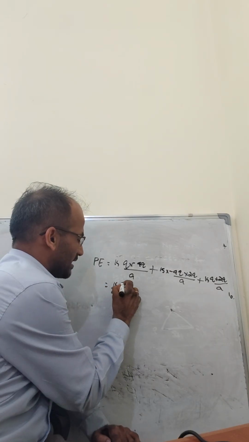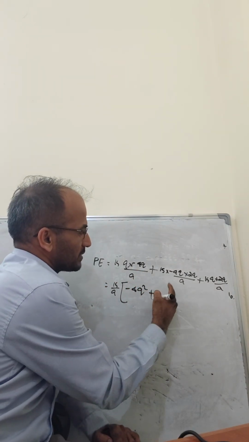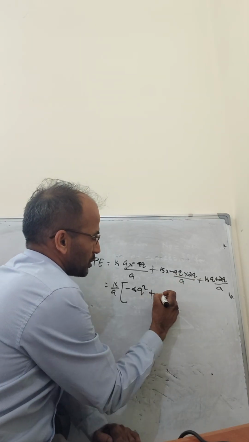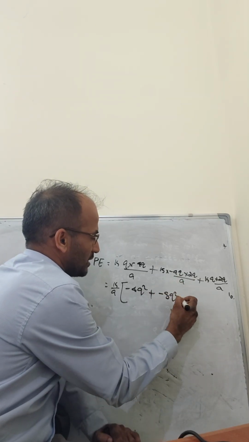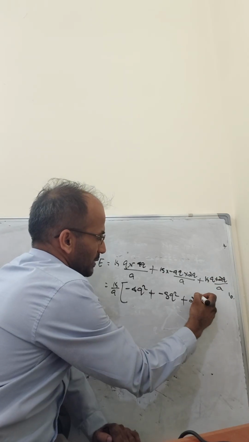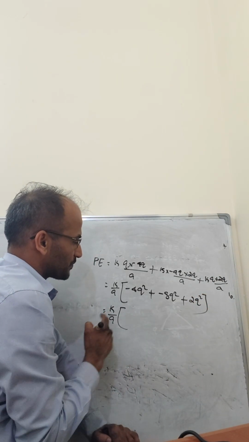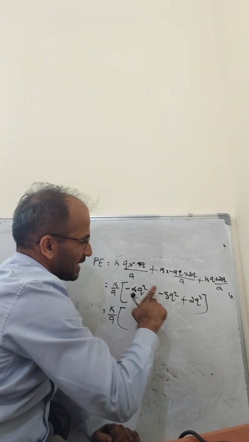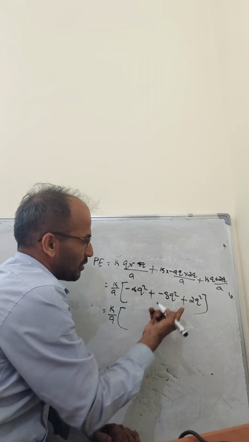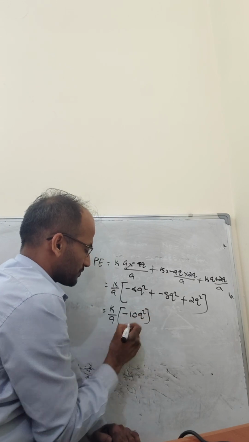So K by A into Q into minus 4Q, that is minus 4Q square, plus minus 4Q into 2Q, that's minus 8Q square, plus Q into 2Q, that is 2Q square. That's equal to K by A into minus 4Q square minus 8Q square, that's minus 12Q square, plus 2Q square, that is minus 10Q square.